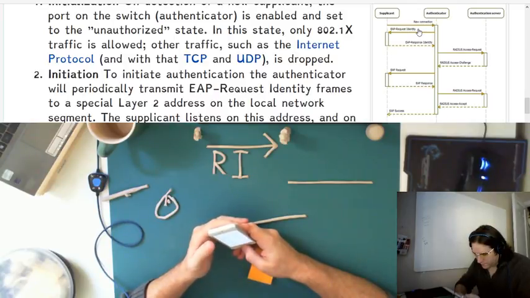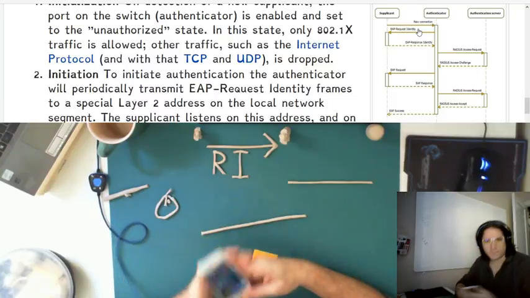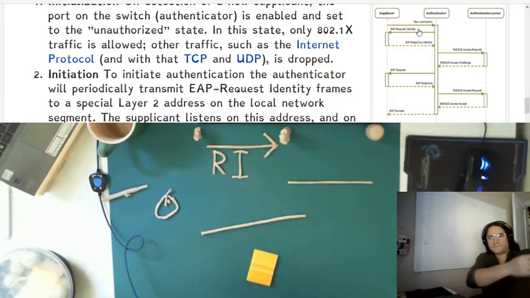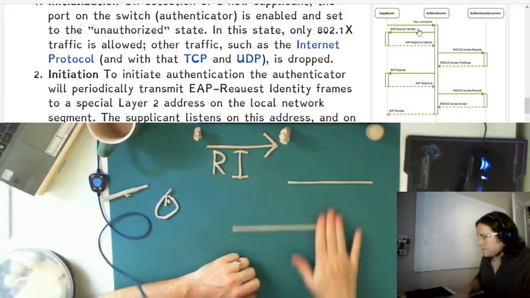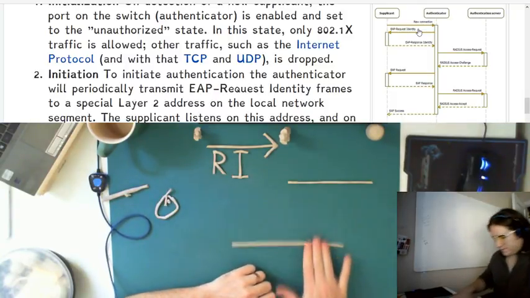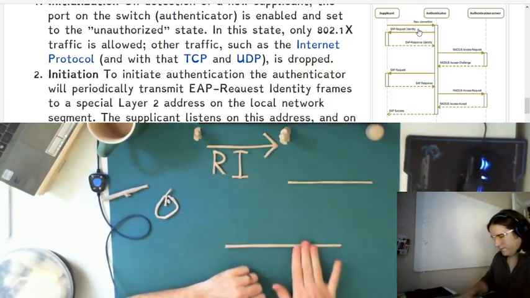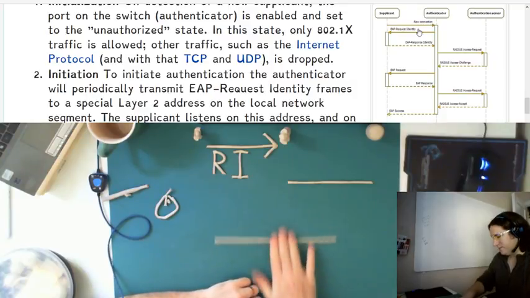That was an RI, a response to an identity.